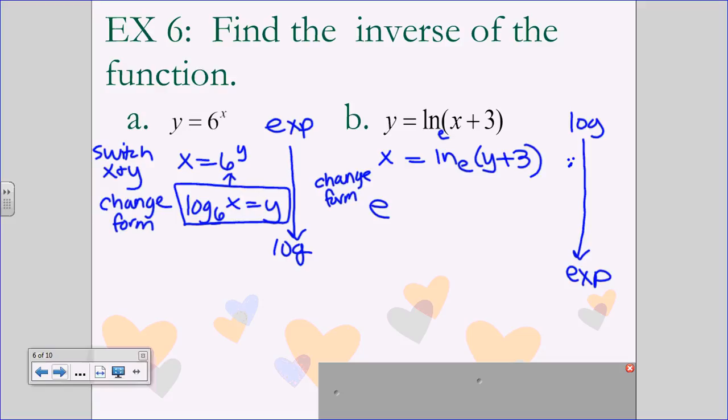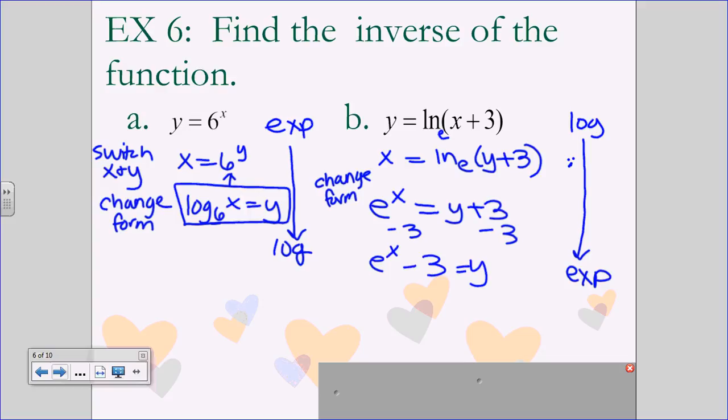I remember my base is e. So changing the form, that's what's happening at this step: e to what power? It's not the one right next to it; remember, it's on the other side of the equation. So e to the x equals y plus 3. Now, remember, y has to be by itself. We have one last step, which is to subtract that 3. So I have y is equal to e to the x minus 3.